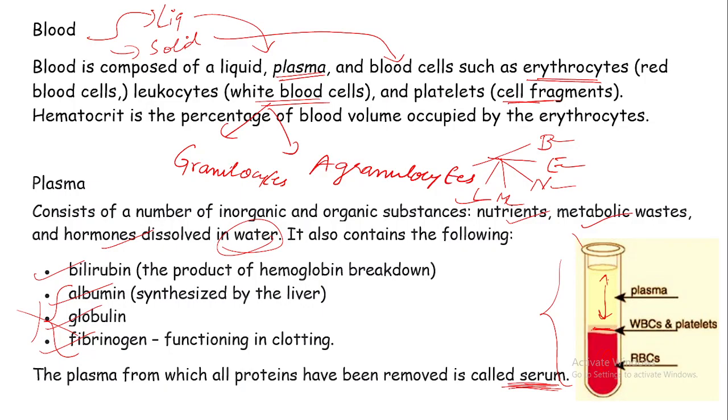Blood contains plasma and blood cells: WBCs, RBCs and the thrombocytes. All the types of blood cells are generated from the bone marrow. The types of blood cells: erythrocytes, and among the WBCs, neutrophils, eosinophils, basophils, lymphocytes and monocytes.